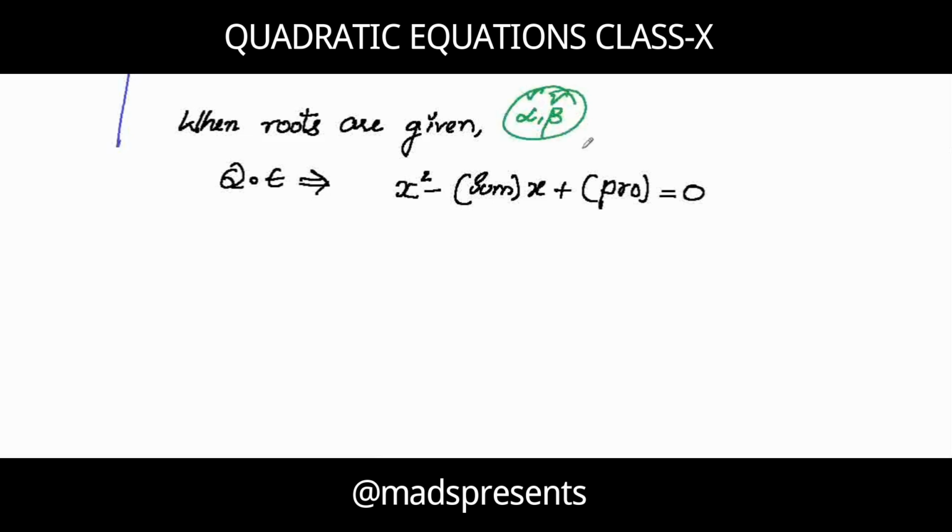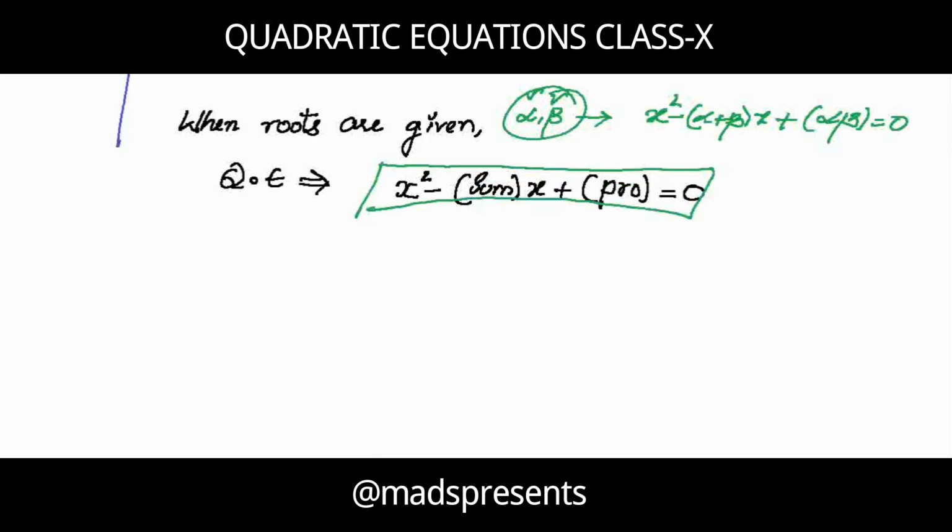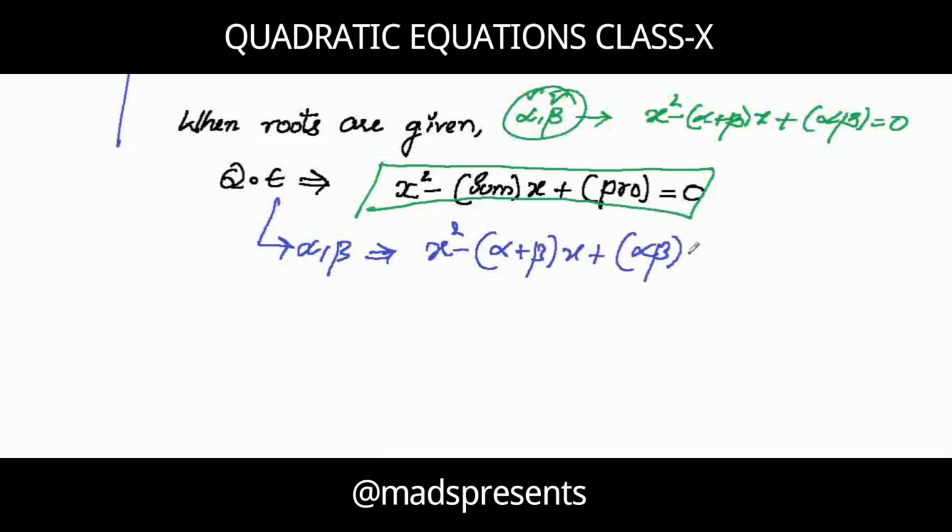So when they give two roots, how to get a quadratic equation? Very simple. x square minus sum alpha plus beta into x plus product of the roots alpha beta is equal to 0. Just remember this one. Just remember this quadratic equation with roots. A quadratic equation with roots alpha and beta looks as x square minus sum of the roots into x plus product of the roots equal to 0.